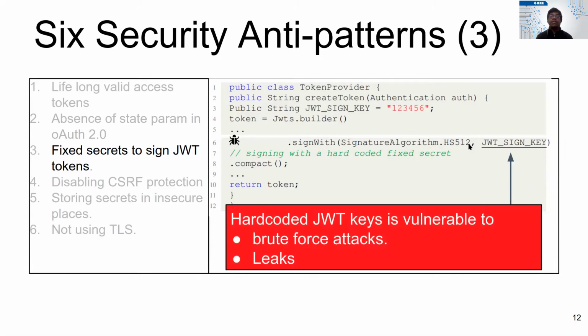Also, if one of the valid JWTs gets leaked, then to invalidate that JWT key, the developer has to go back to the source code of the Java application and change the JWT signing key manually. This will cause another problem, which is that all other valid JWT access tokens which have not been leaked will also be invalidated.